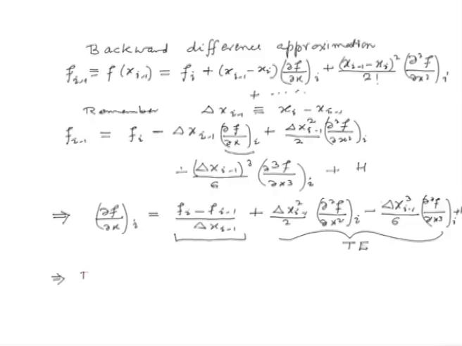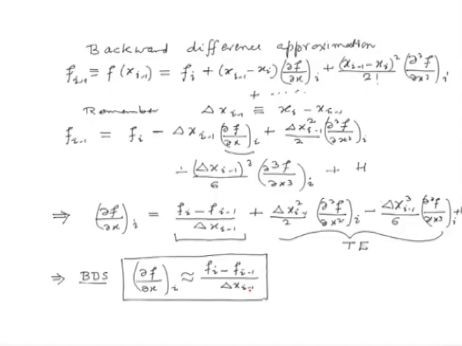So, we straightaway get our BDS approximate scheme, backward difference scheme: del f over del x at grid point i can be approximated in terms of f_i minus f of i minus 1 divided by delta x_{i-1}.